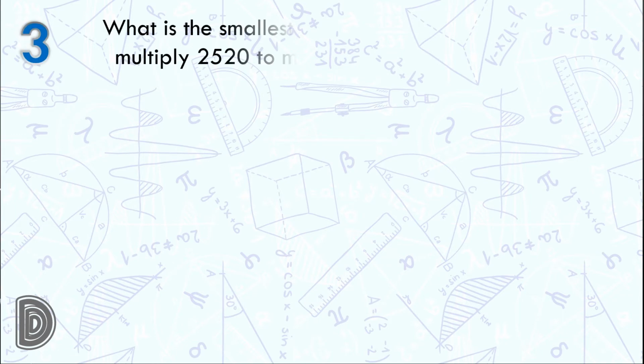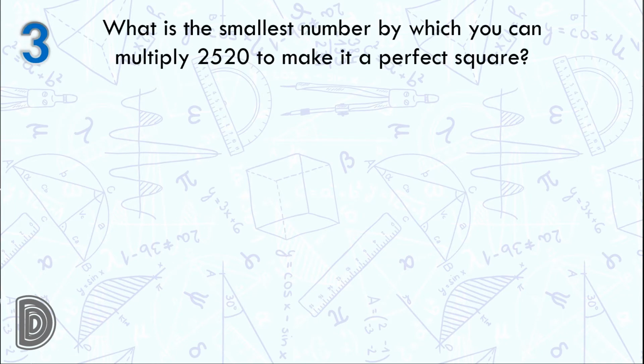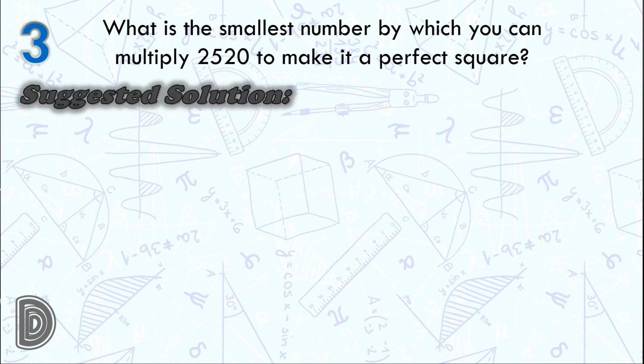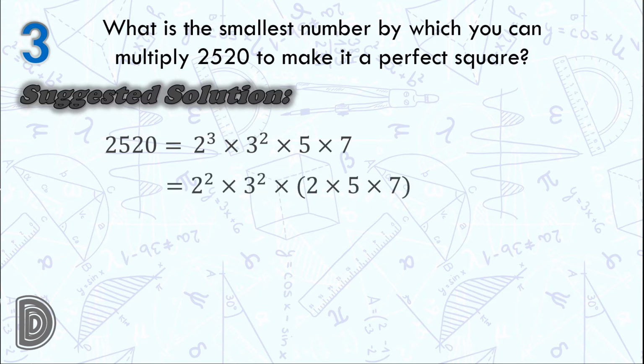Question number 3. What is the smallest number by which you can multiply 2520 to make it a perfect square? Here is our solution. Writing 2520 in prime factorization form, we have 2 cubed times 3 squared times 5 times 7. We know that 2 squared and 3 squared are perfect squares.